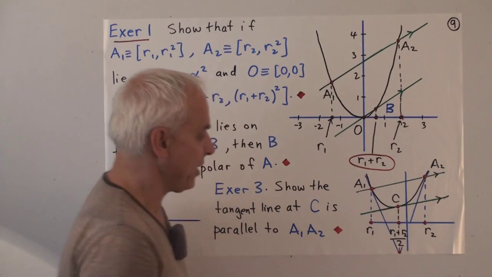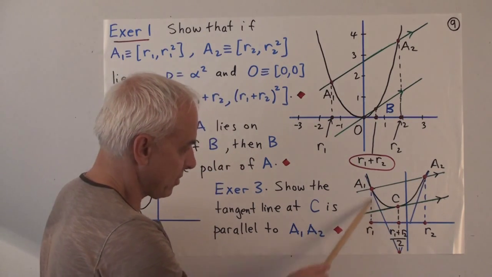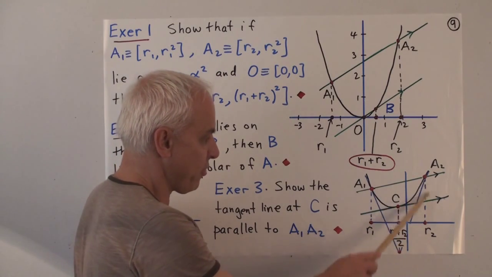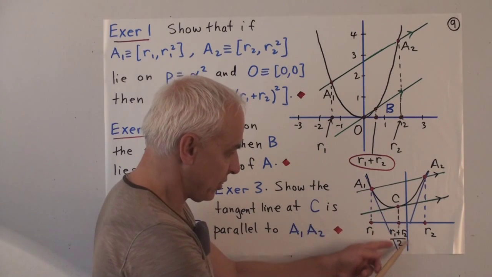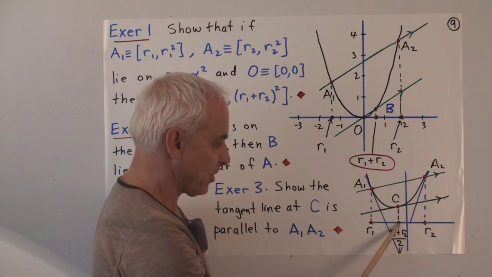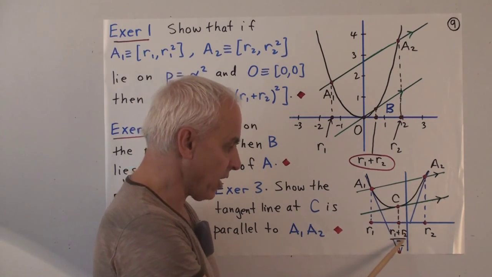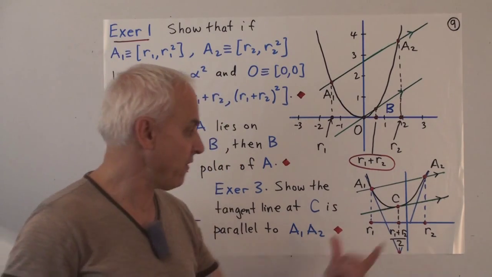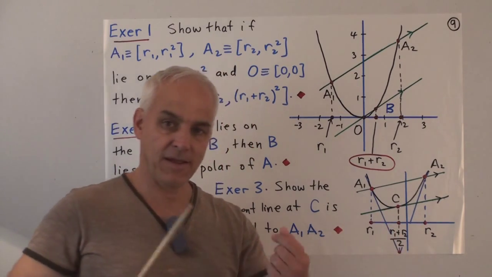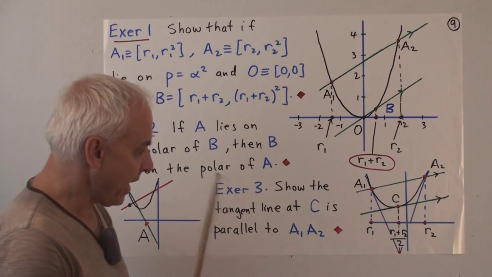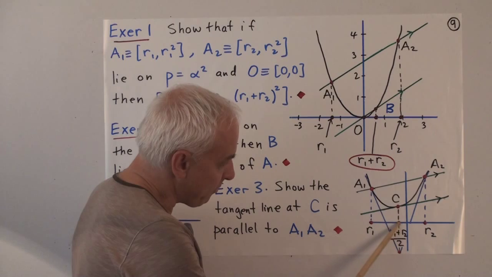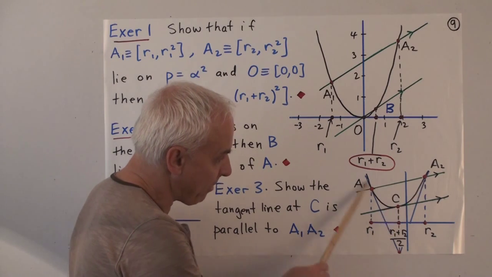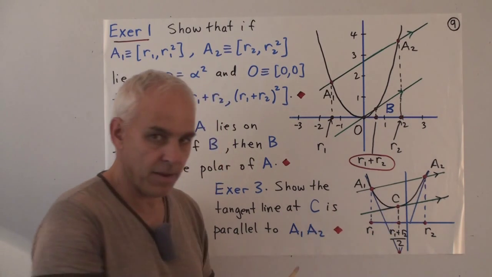And the third exercise relates, again, a chord of the parabola and the meet of the two tangents down here. So if this point here has x-coordinate r1 and this point has x-coordinate r2, then we know that where these two tangents meet, that's going to have x-coordinate r1 plus r2 over 2, the average of r1 and r2, the place halfway between them. And now the exercise is to have a look at the corresponding point on the parabola with the same x-coordinate.